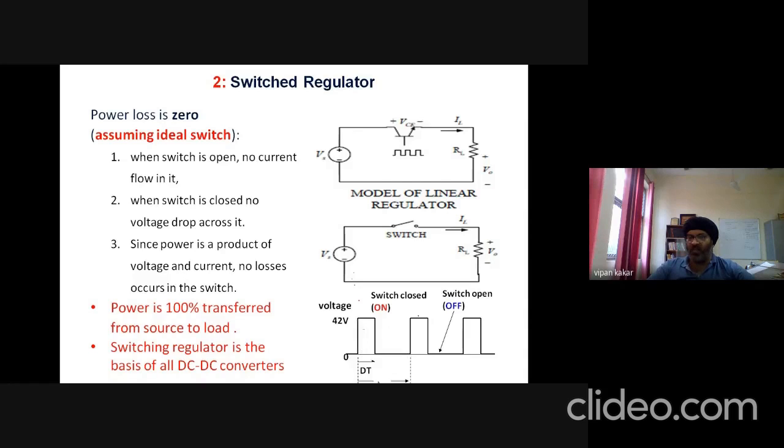This is the total time period, as we have already discussed in part 3 of this course. Turn on time divided by the total time period is called duty cycle, which is denoted by D. This also we have discussed in part 3 of this course. So duty cycle is an important parameter in DC to DC converters, and we'll use it quite often.